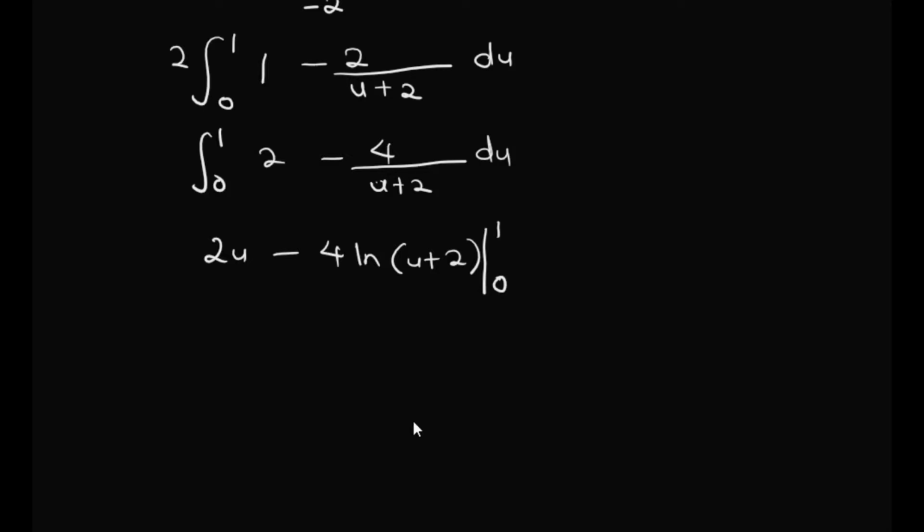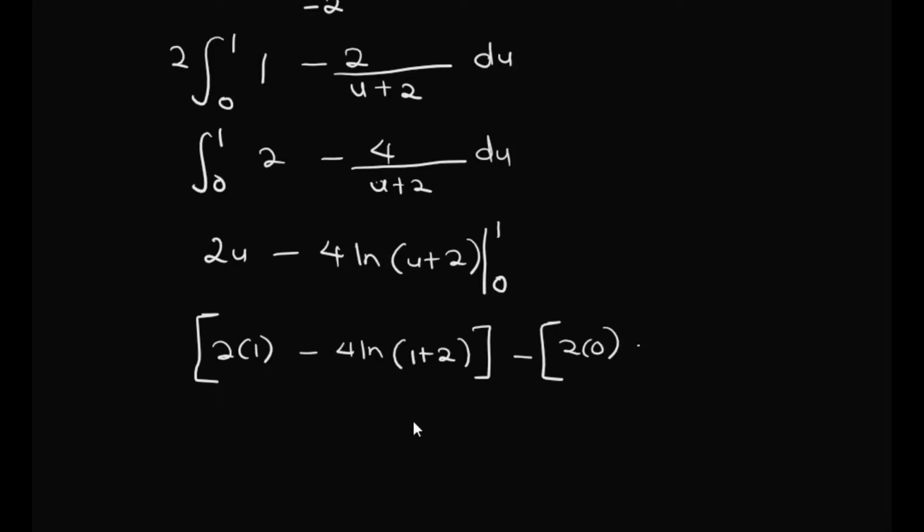So 2 times 1 minus 4 ln of 1 plus 2, minus the bracket of 2 times 0 minus 4 ln of 0 plus 2.